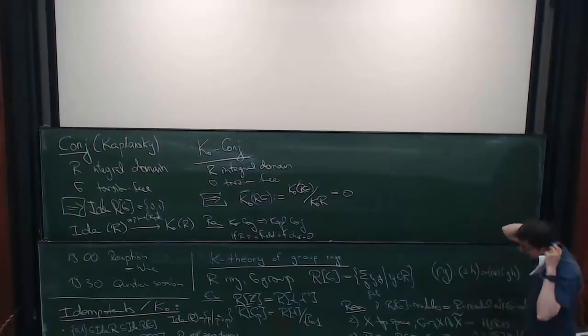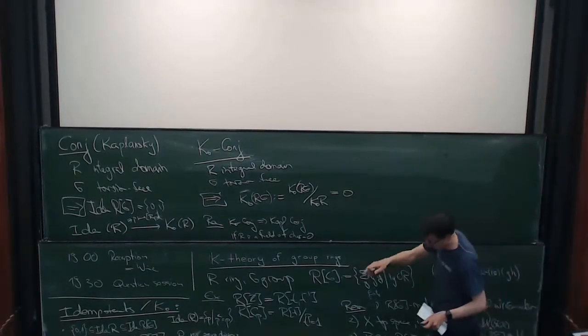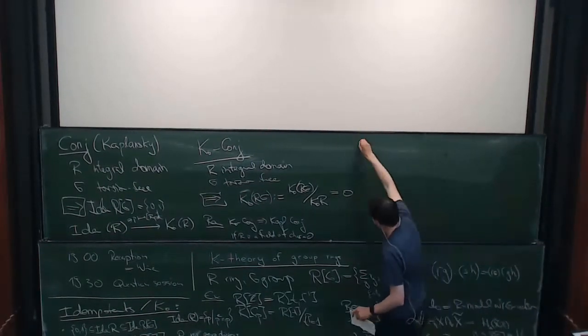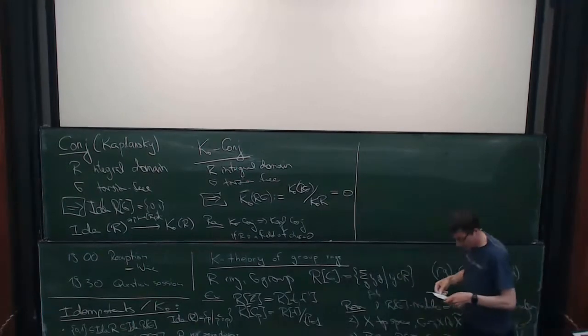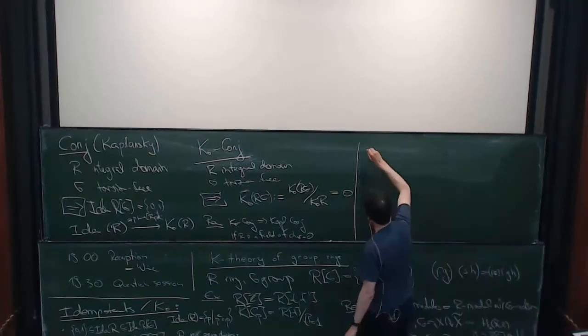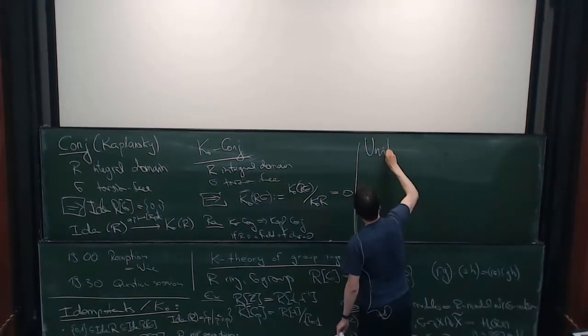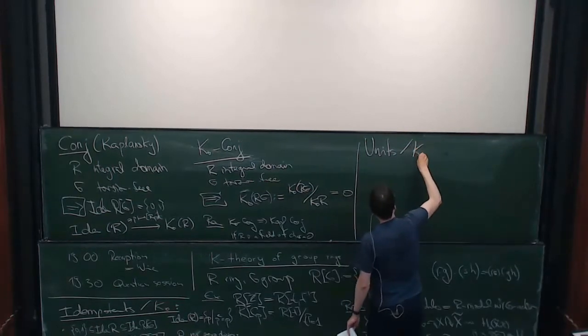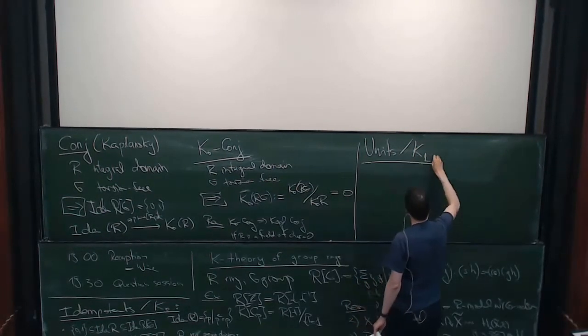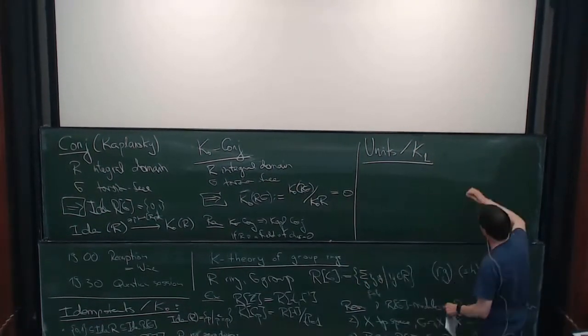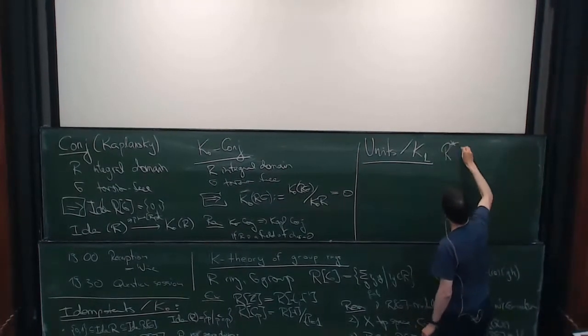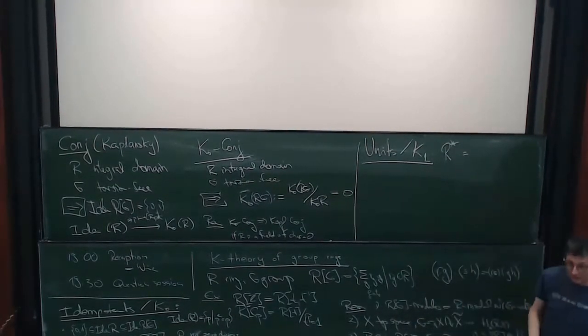Okay, so that was a discussion about idempotents, or K0, and now I want to have the same discussion about units, or K1. So the units. This needs R to be smooth, regular.